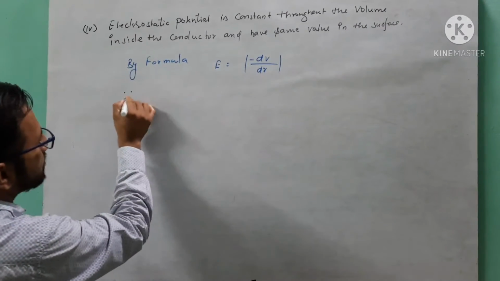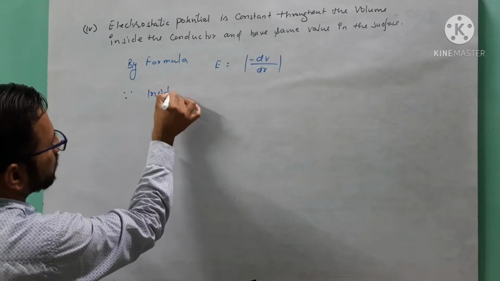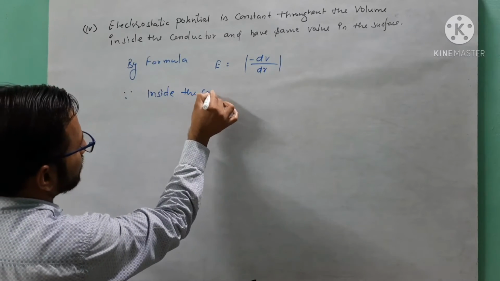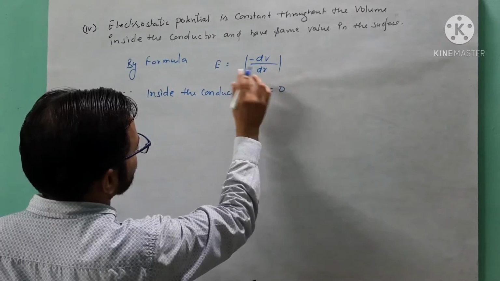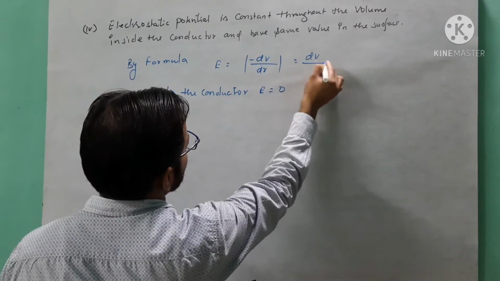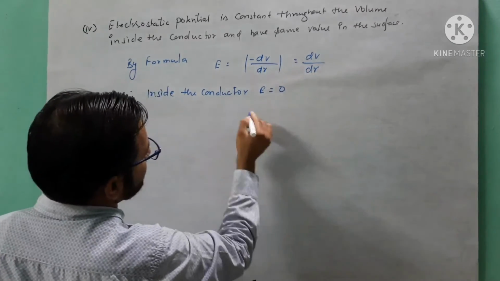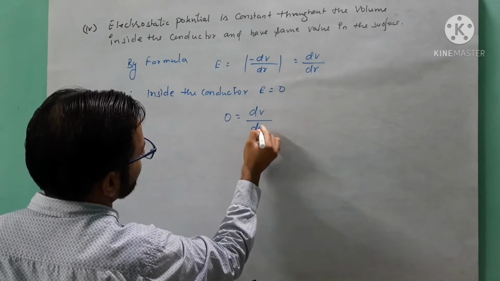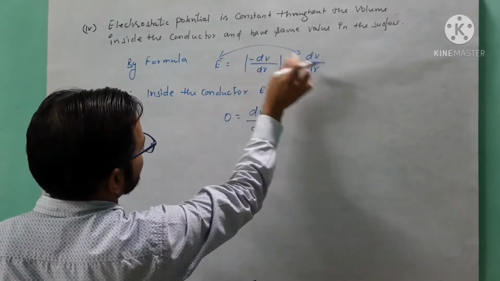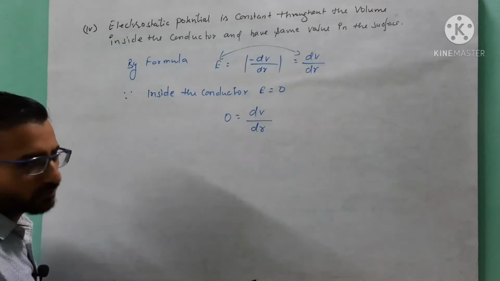And since inside the conductor we know that E is equal to 0, when I use this relation, it gives us 0 = dV/dr, the magnitude of this value.